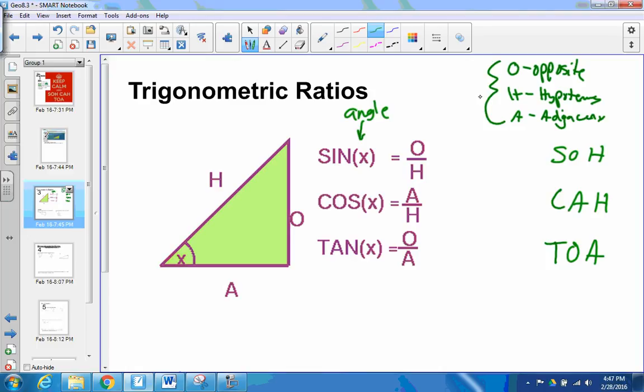Those are all sides. The first trig ratio is sine. S stands for the sine of an angle, which is equal to the opposite over the hypotenuse.